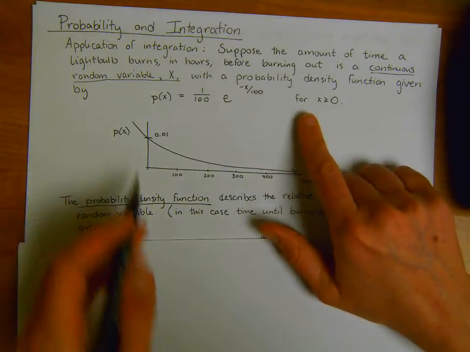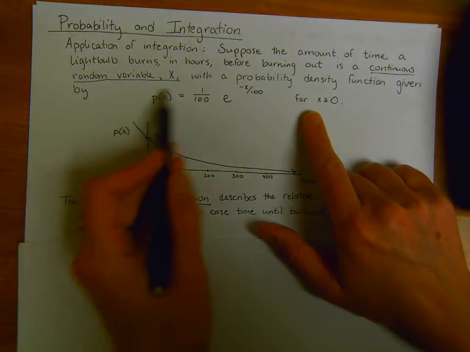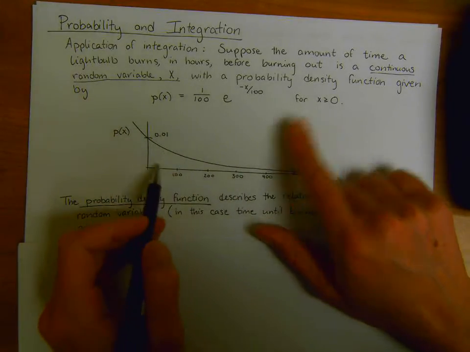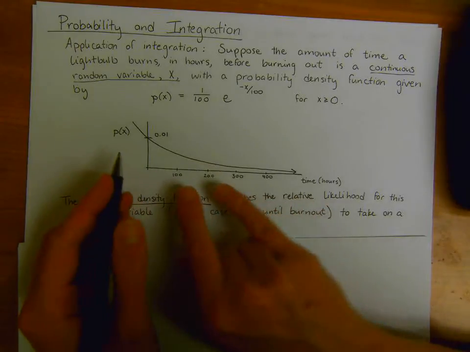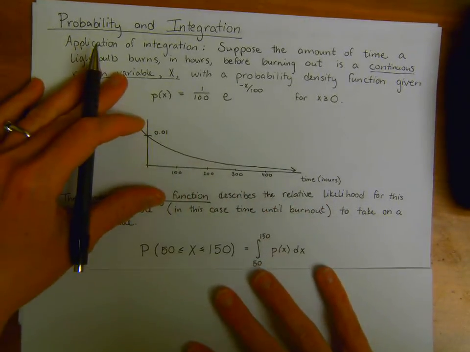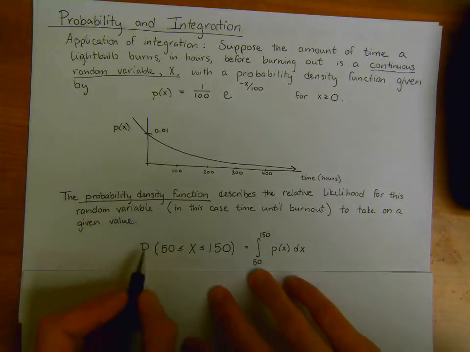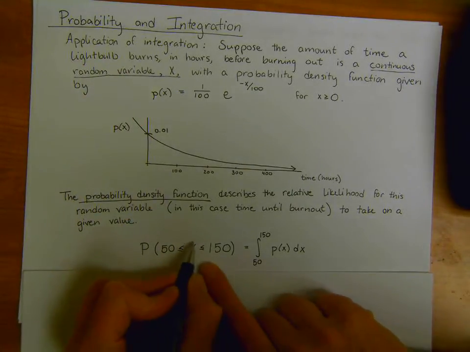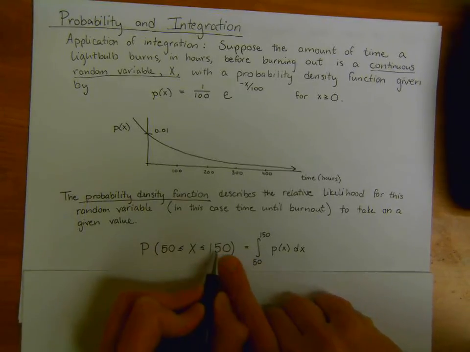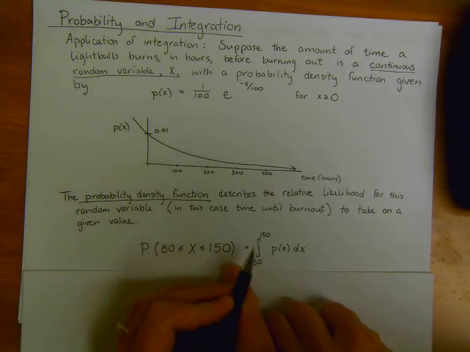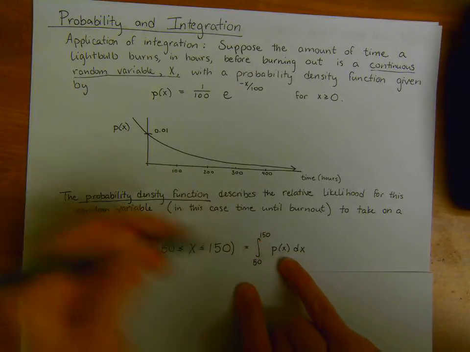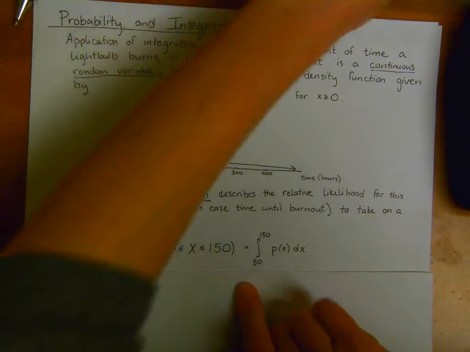Graphically, we have this function, and it tells me how likely it is to burn out on any given interval. So the probability that my x value falls between 50 and 150 is the integral from 50 to 150 of my probability density function.